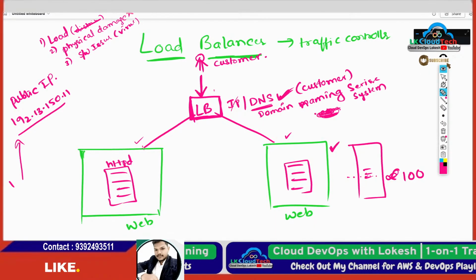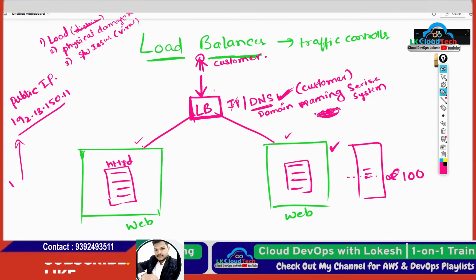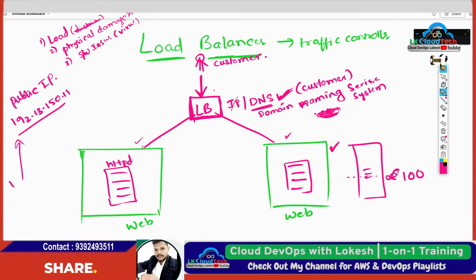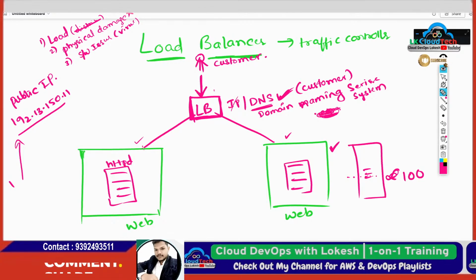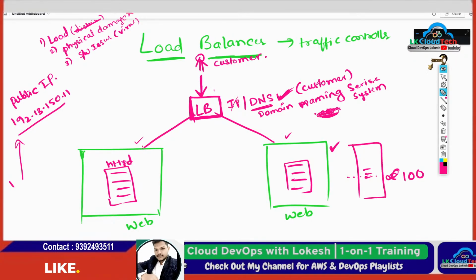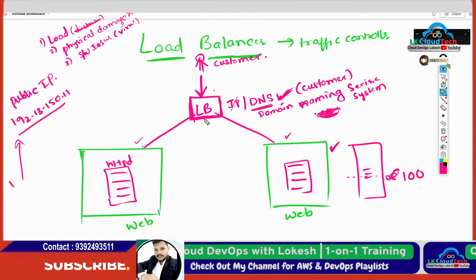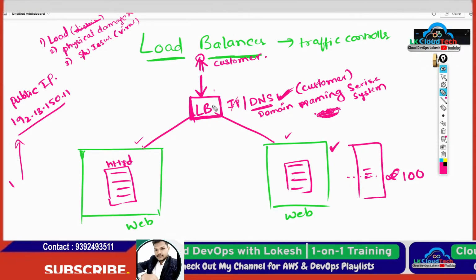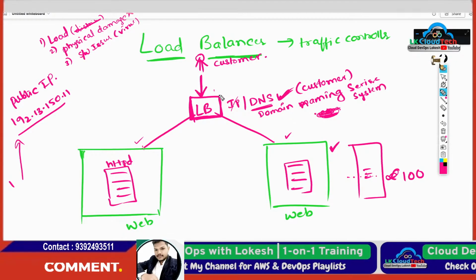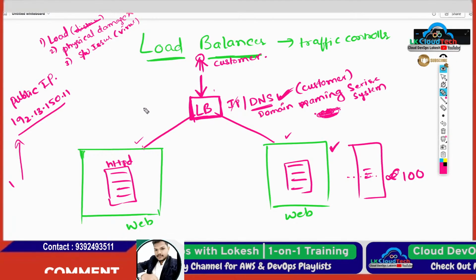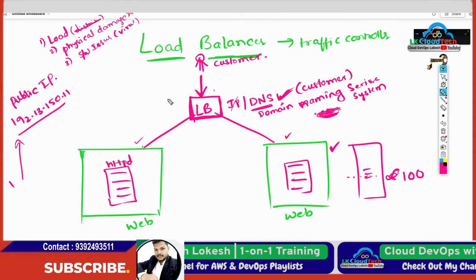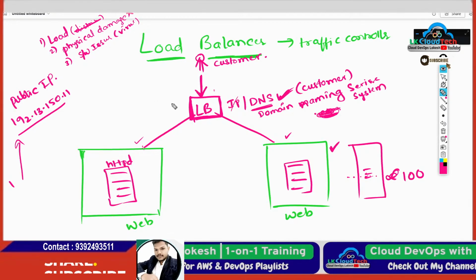The load balancer not only distributes the traffic, it distributes the traffic to the servers that are up and running, which means healthy and available. Before sending a request, it first verifies whether the server is ready or not.